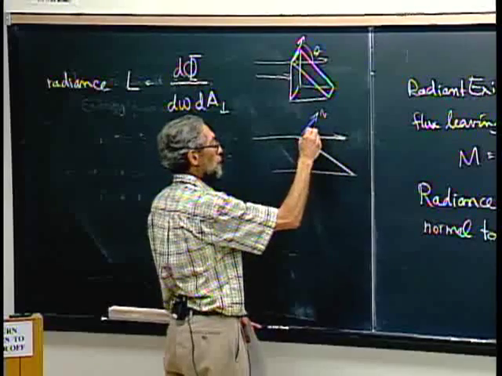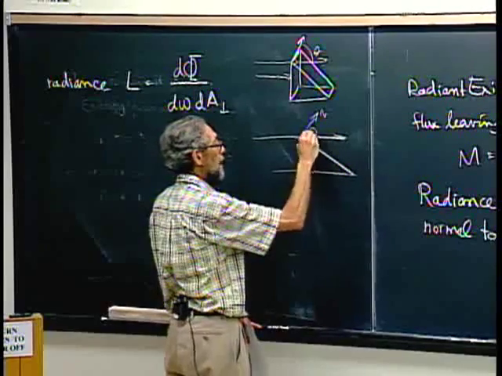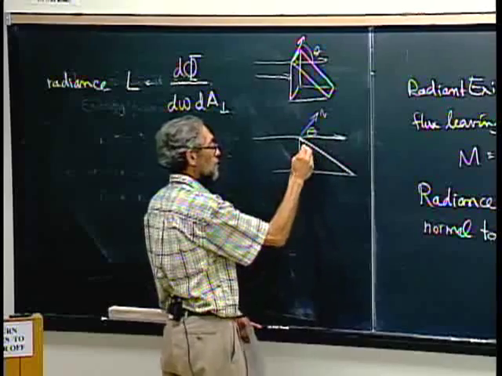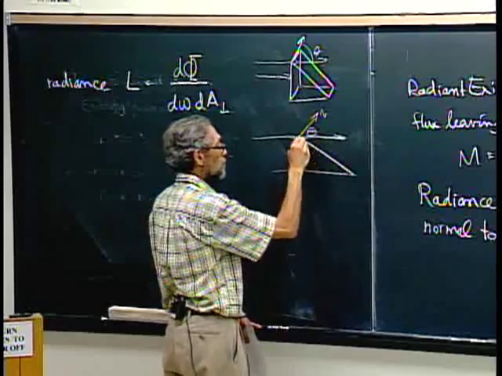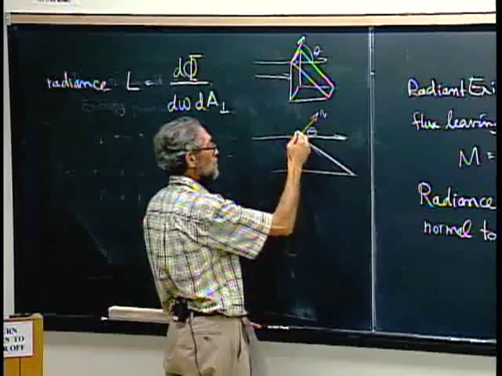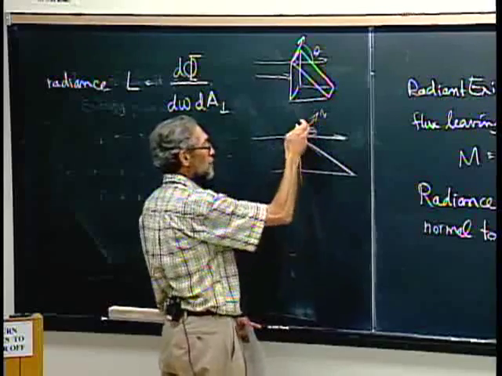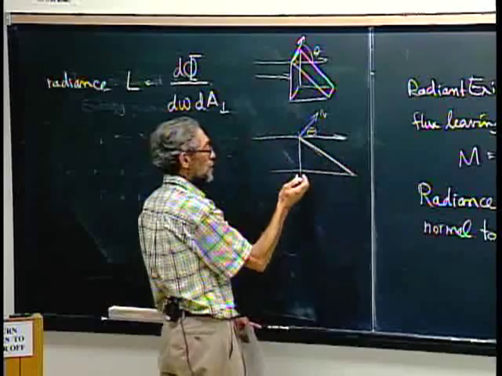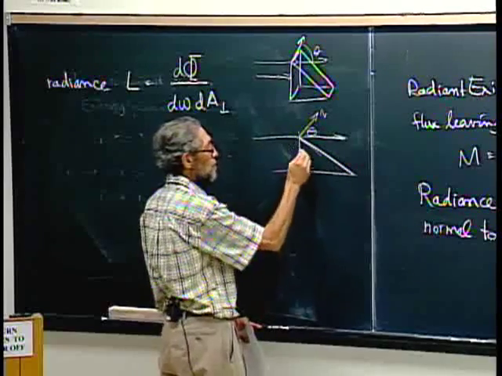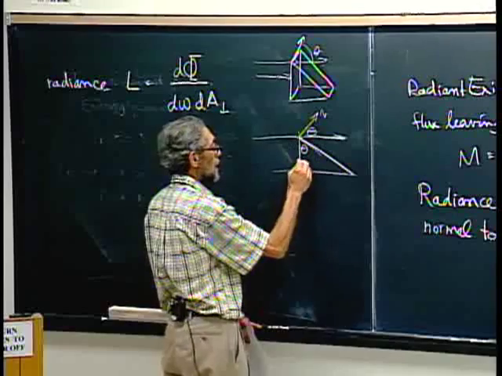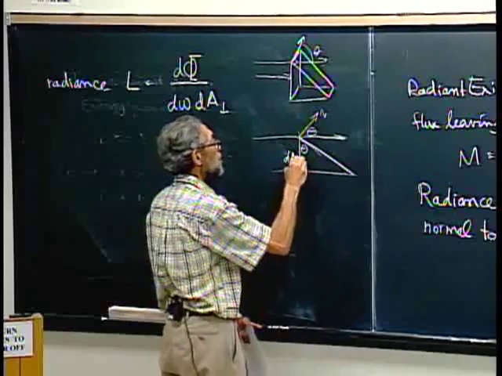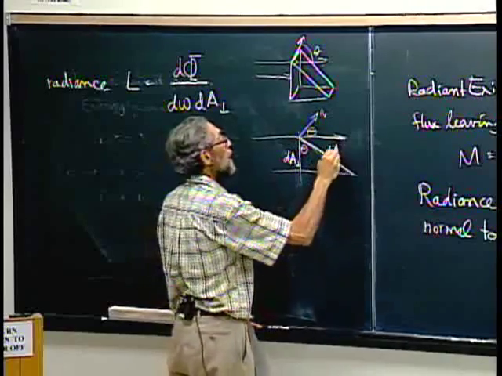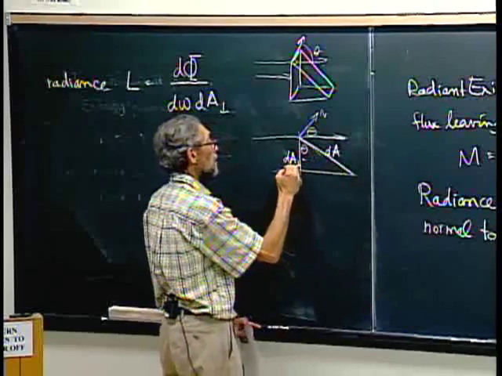And this was my, now I'm going to call it theta instead of alpha, because that's what the book does in this context. This n is perpendicular to this surface, and the beam direction is perpendicular to the surface normal to the beam. This is also theta, and so this dA perpendicular is dA times cosine theta.